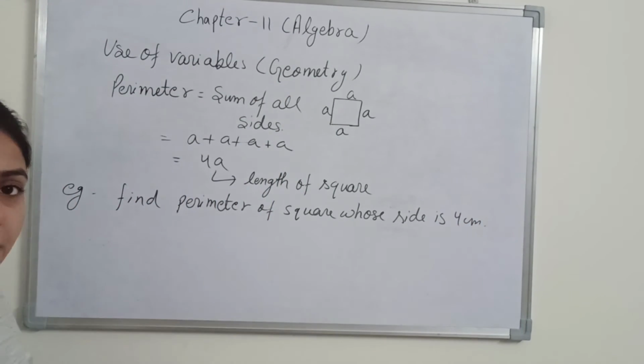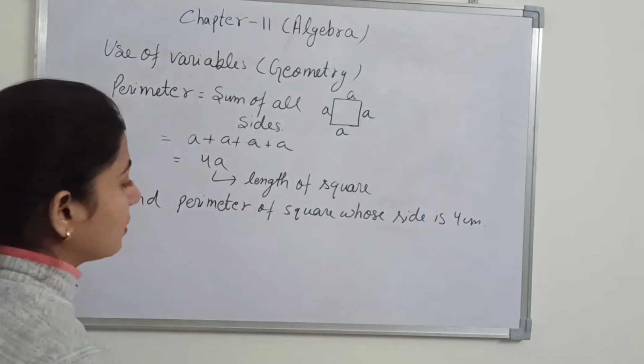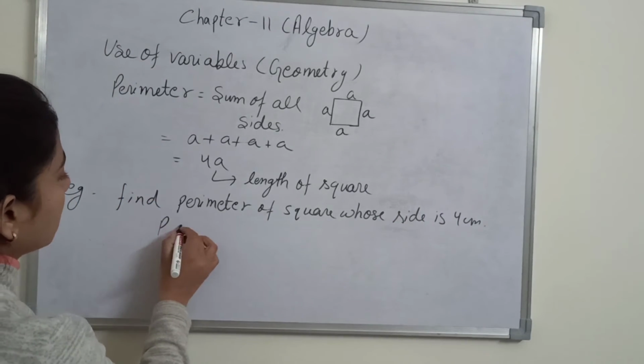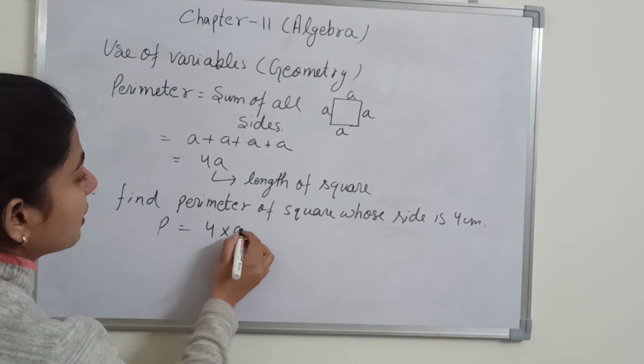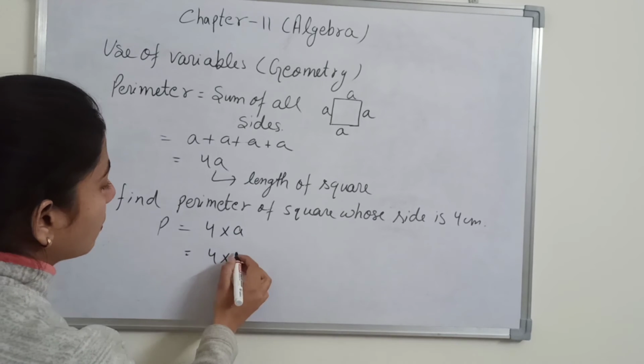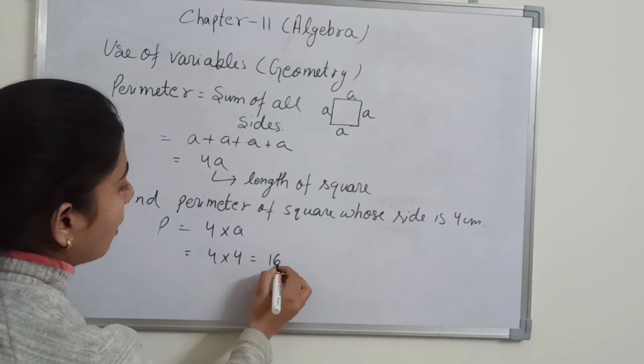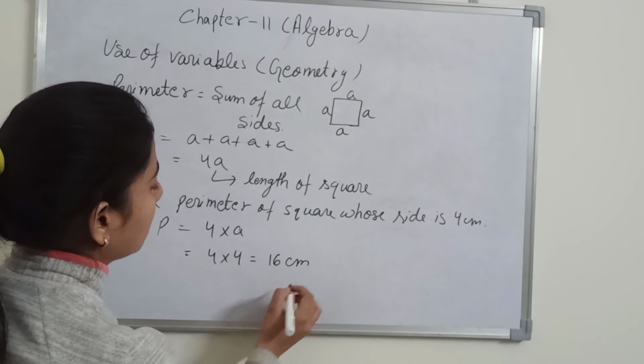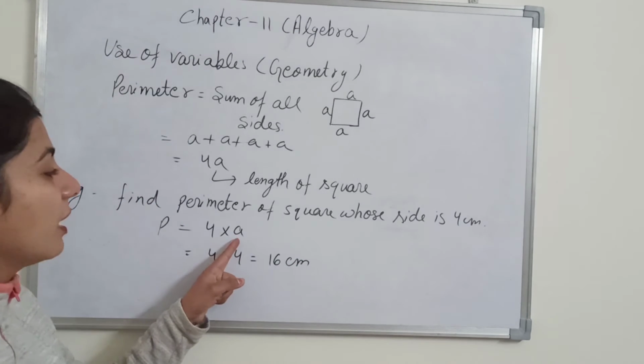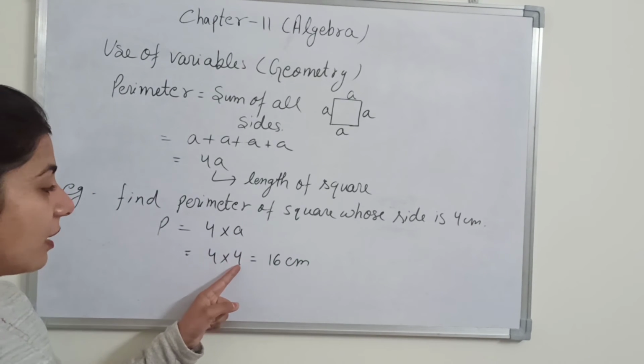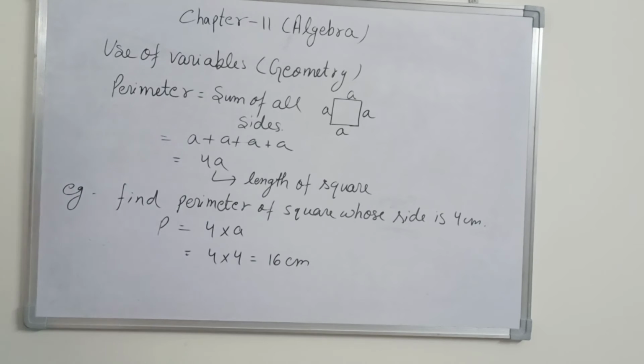Here we have to find the perimeter of the square and the side is 4 centimeter. We know perimeter equals 4 into side, and the side here is 4 centimeter. So our answer is 4 4s are 16 centimeter. So what we are observing here, the variable value is here 4. So it can be different.